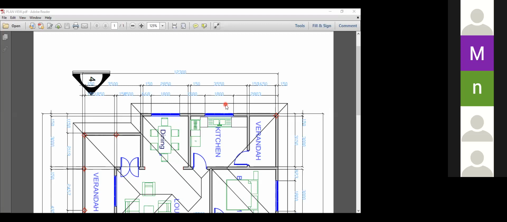However, there are times when you cannot tell a given dimension. For example, from here to here, there is no dimension. But in this case, it is simple. It's just a matter of getting this minus this, then you divide by 2. You can get the dimension. But imagine a situation where you could not get this dimension. You need this dimension of the wall, but you don't have it.